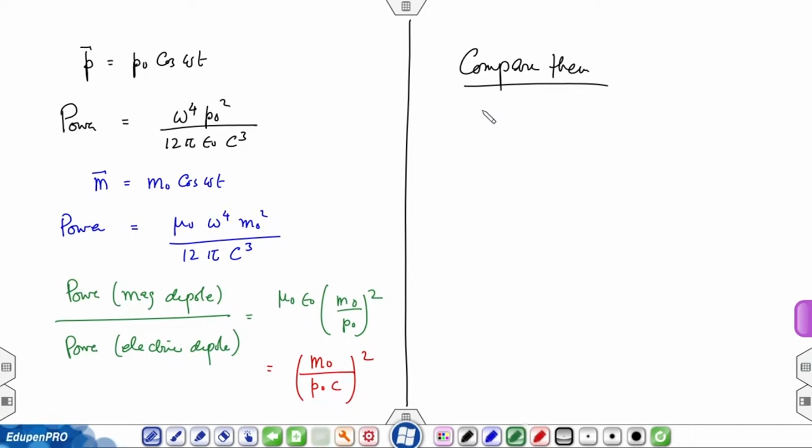See, suppose I have the length scale L for the dipoles.